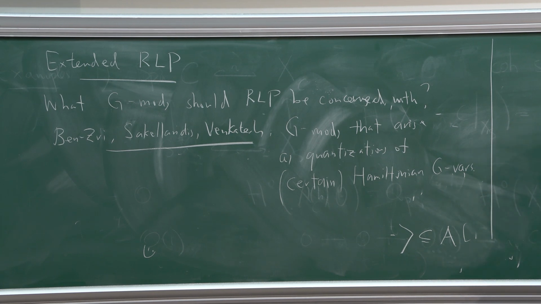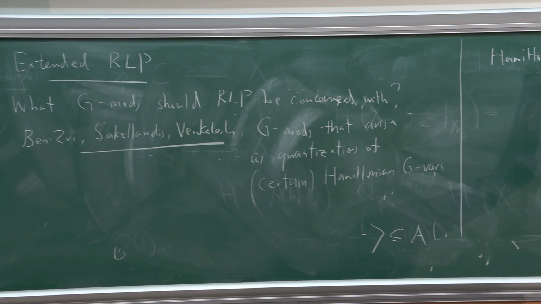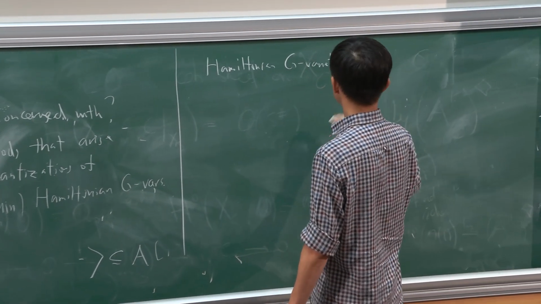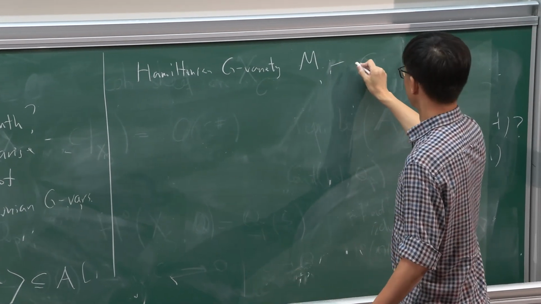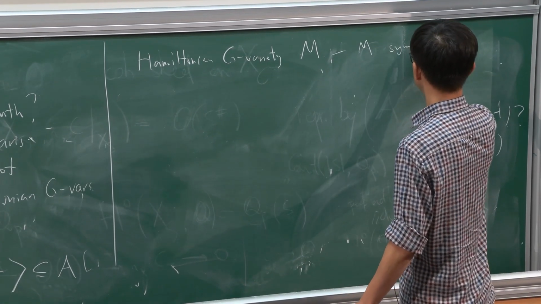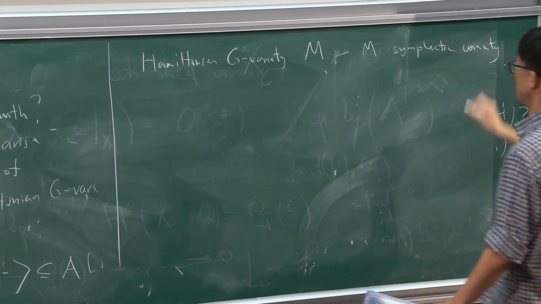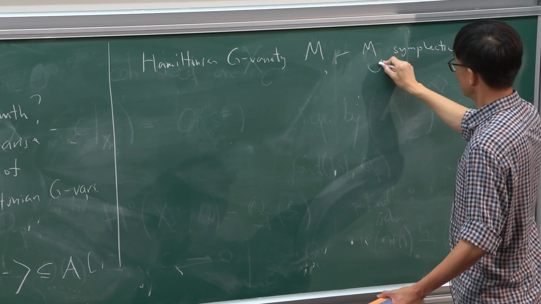What is a Hamiltonian G-variety? M is a symplectic variety, so it's equipped with a non-degenerate closed symplectic 2-form. Of course, it has a G action.